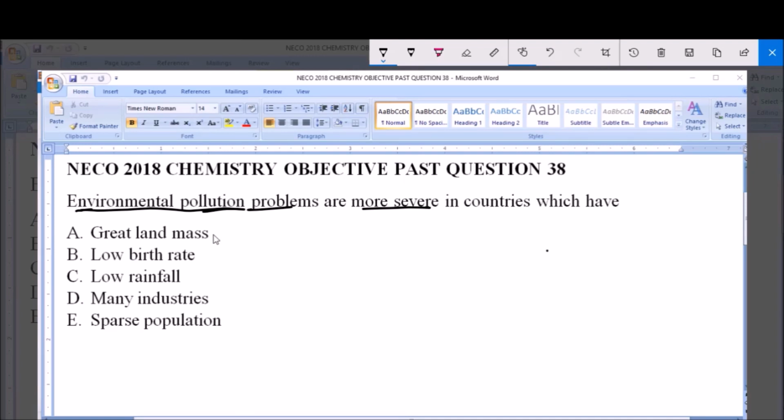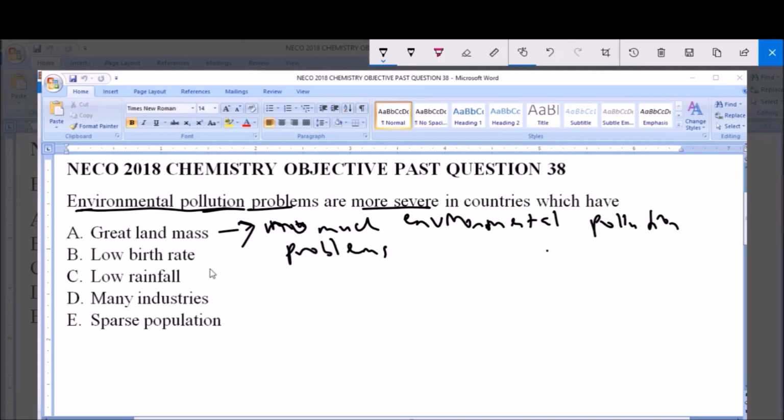Now A says great landmass. Statistically, countries with great landmass do not have much environmental pollution problems. This is owing to the fact that the great landmass means that land can be allocated far away from residential areas for industrial purposes.